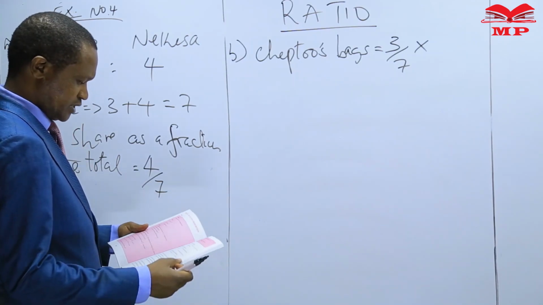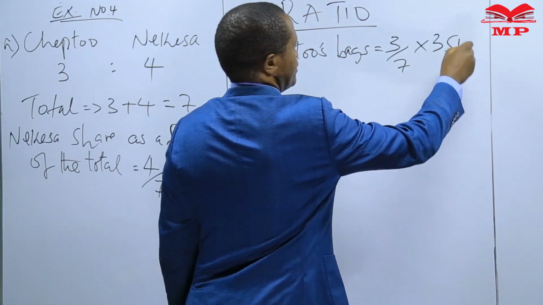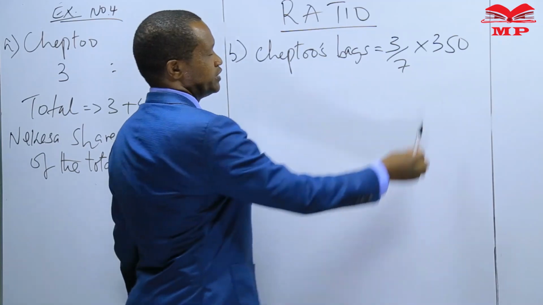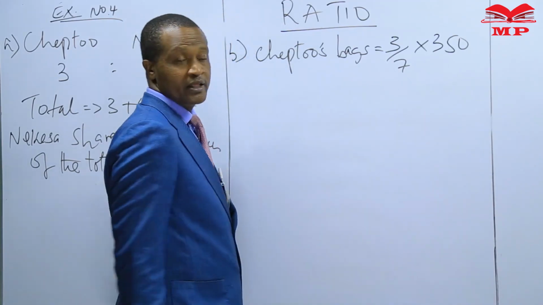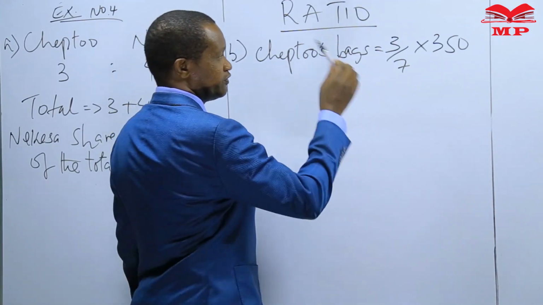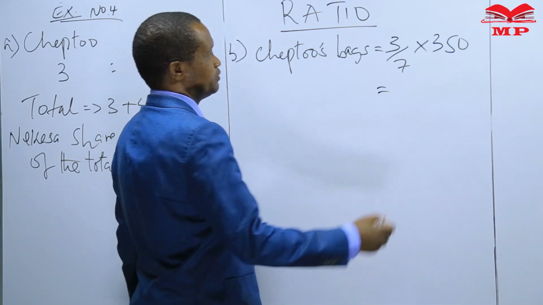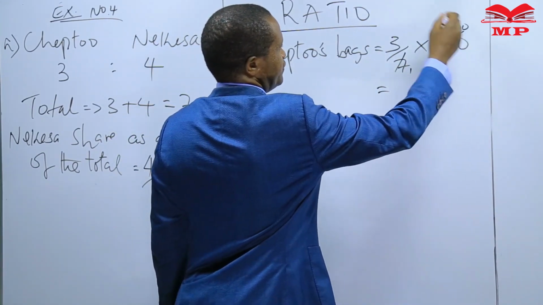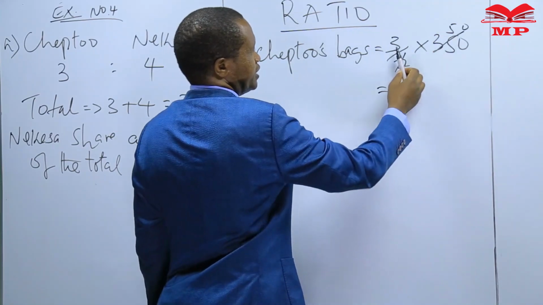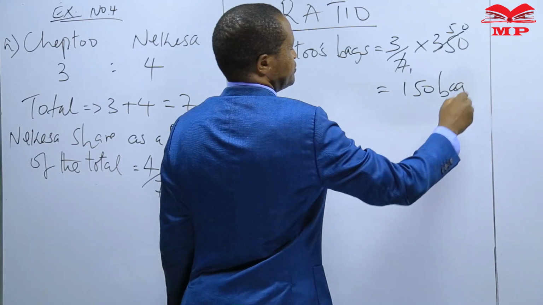The total number of bags is 350 bags. Out of the 350 bags, Cheptoo's share is 3 over 7 and Nekesa's share is 4 over 7. So this will give us the number of Cheptoo's bags. 7 goes into 350 fifty times. 50 times 3 is equal to 150 bags.